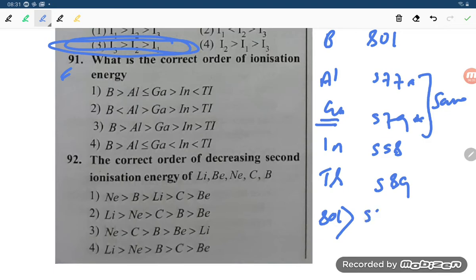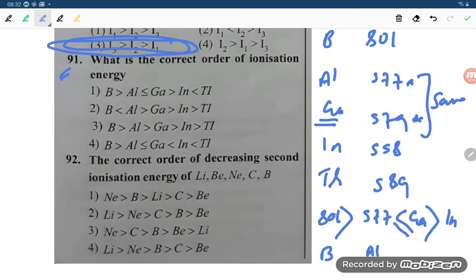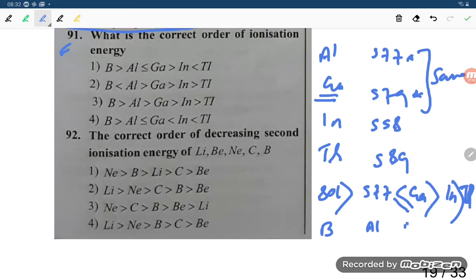Boron is 801, then aluminum is 577, and aluminum is almost equal to gallium, 579. Gallium is more than indium, 558, and indium is more than thallium, Tl. So check which is the correct answer, student.